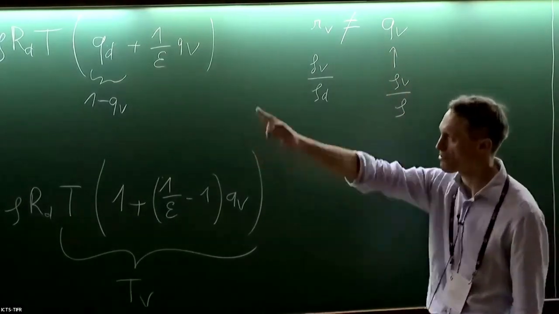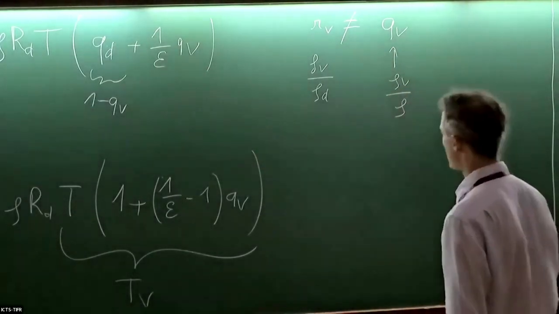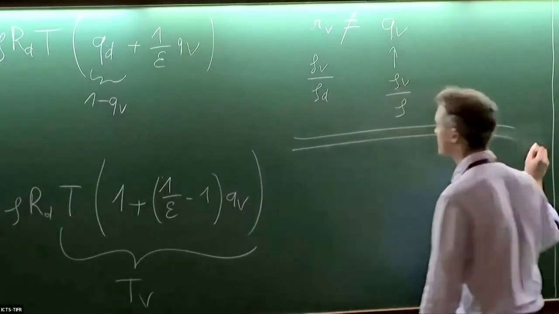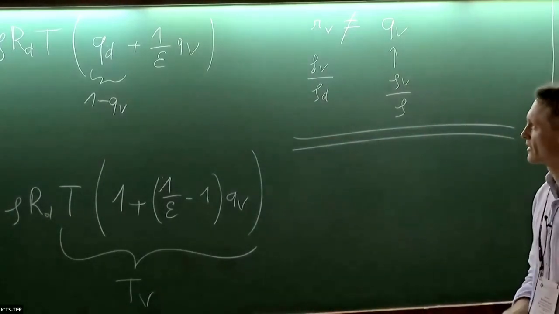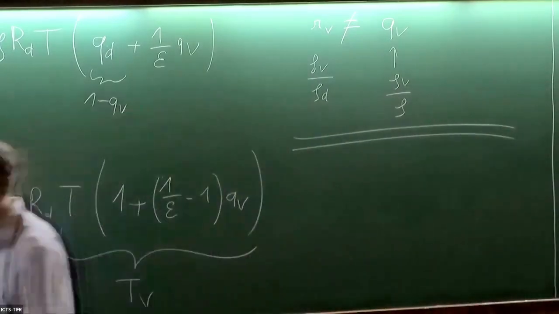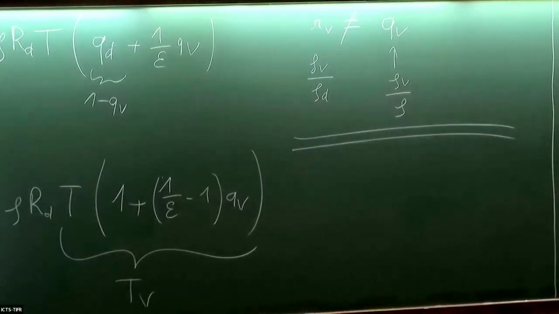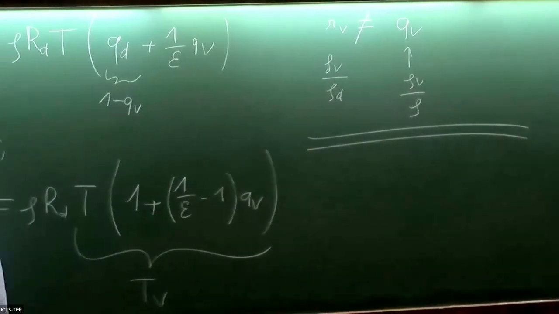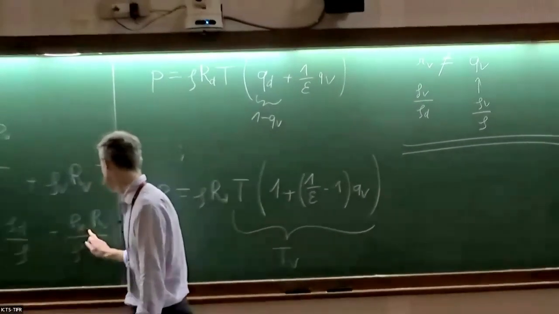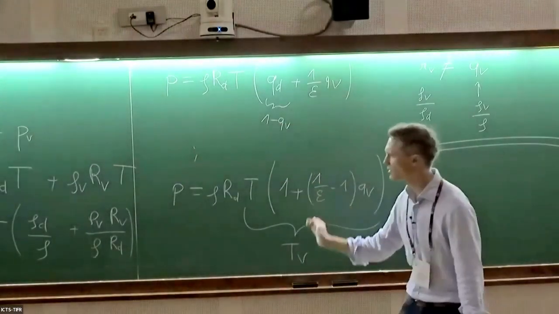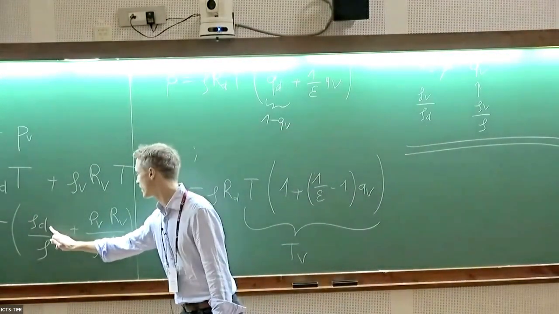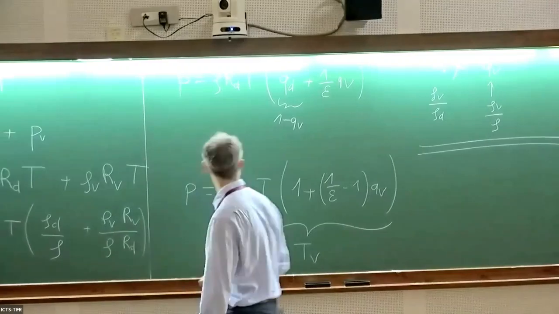So you can then go back to the full definition. But if you want to make a proper derivation, then you can actually go back to this, and you can write, okay, here I have rho_d, rho_v, rho. Then you can go back to, okay, I just want to keep the division by rho_d.